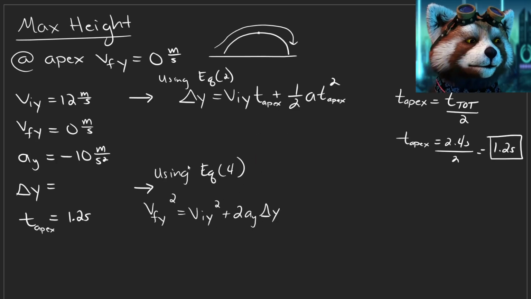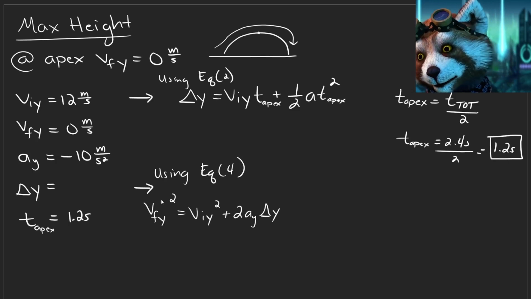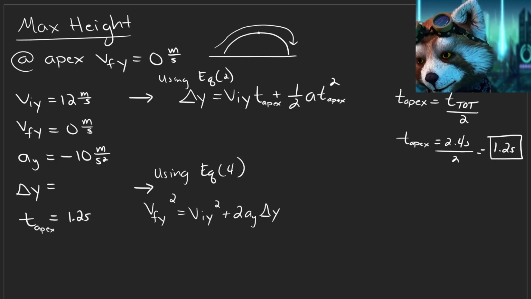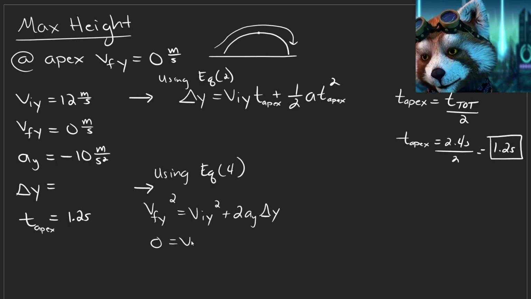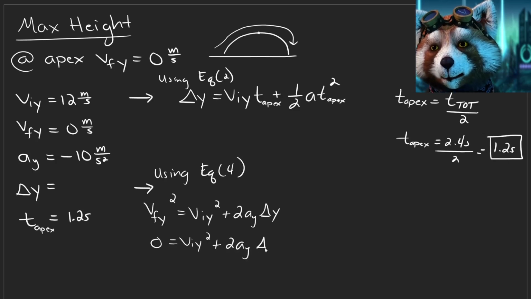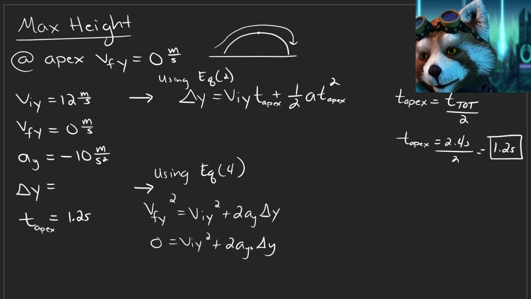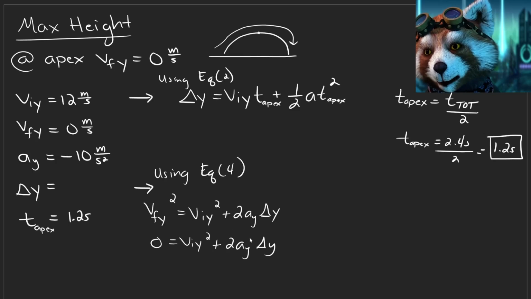Okay, so we ask ourselves, are any of our variables equal to 0? Yes, the final velocity, 0. So we have 0 equals velocity initial in the y squared plus 2 times acceleration in the y, delta y. So let's just solve for delta y here. So what do we get?